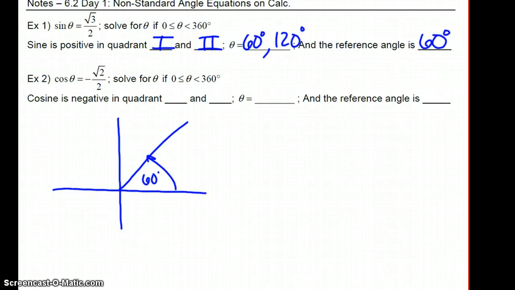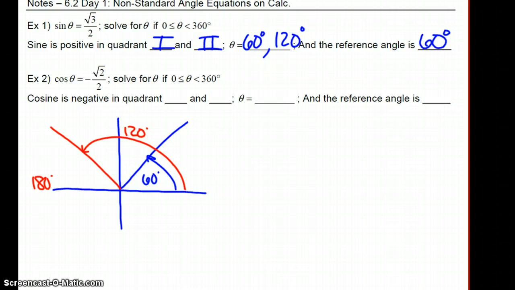60 degrees. Similarly, I could have found my reference angle off of that second answer of 120 degrees. Again, start at 0. I'm going to go all the way to 120 degrees. And remember, we found our reference angles by acknowledging the fact that one whole half rotation around brings me to 180.